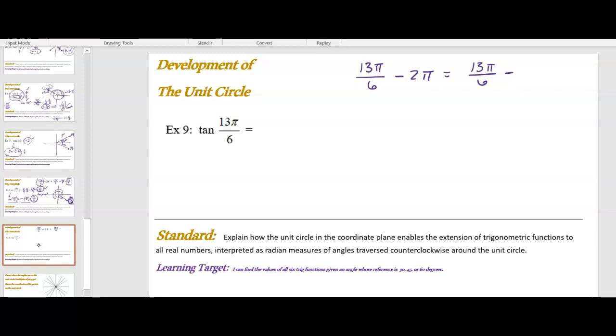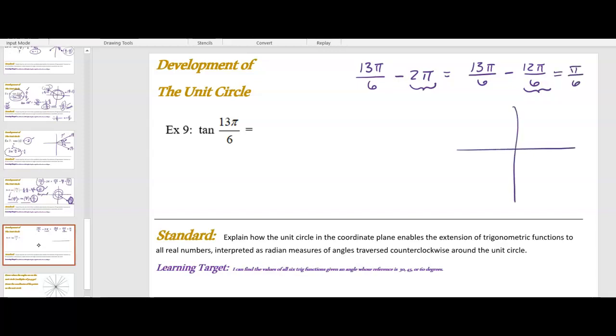13 pi over 6. 12 pi over 6. So 2 pi is 12 pi over 6. Remember, I did a bunch of these in one of those first videos. So 2 pi in terms of a fraction with 6 on the bottom is 12 pi over 6. 13 pi over 6 minus 2 pi is pi over 6.